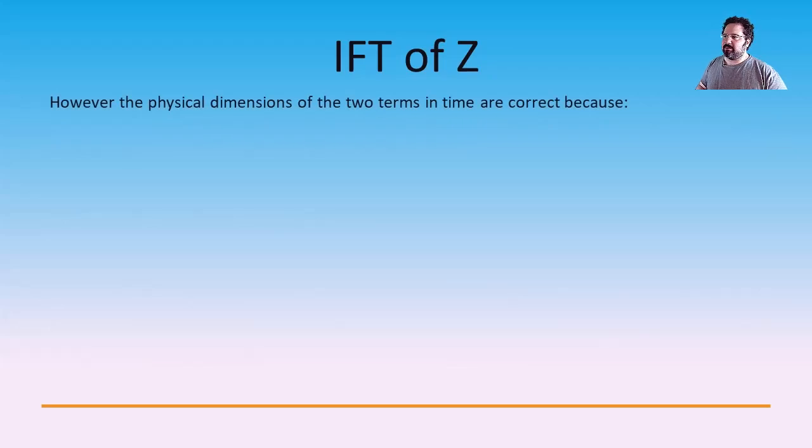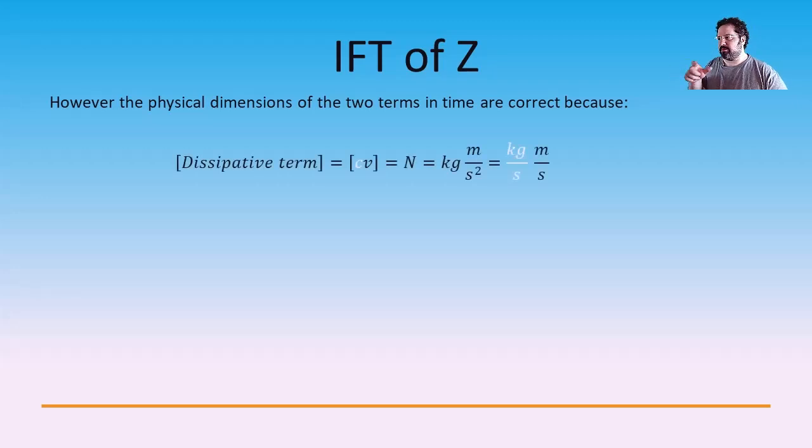However, the physical dimensions of the two terms in time are correct because the dissipative term has this physical dimension, Newton, and the damping coefficient has kilogram over seconds, I don't know.